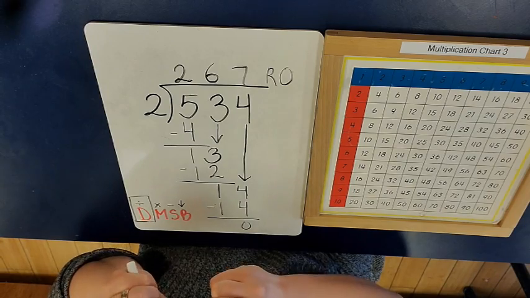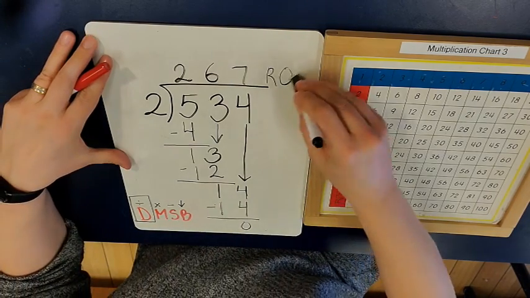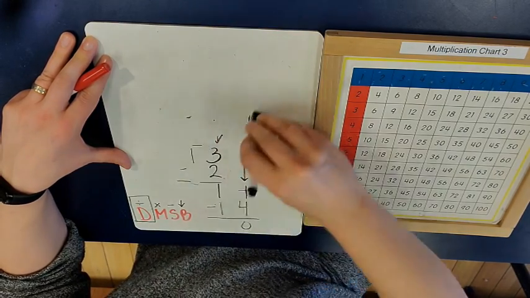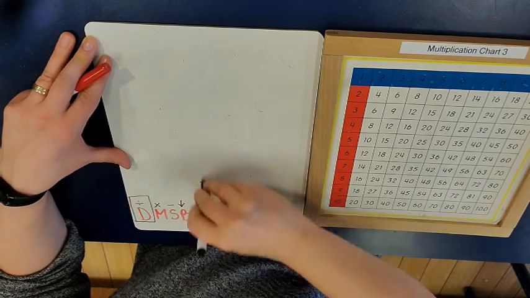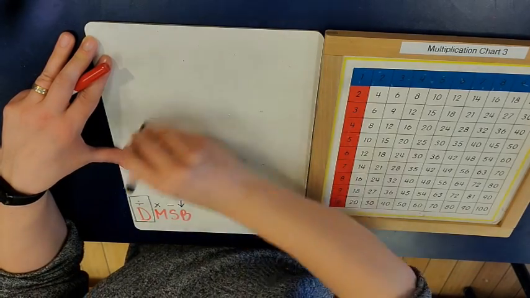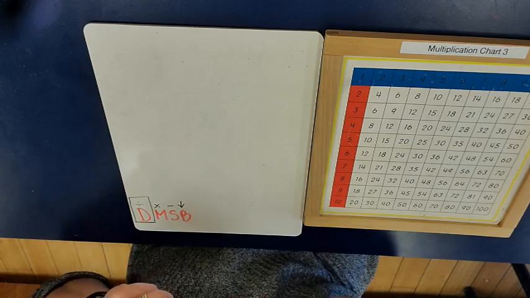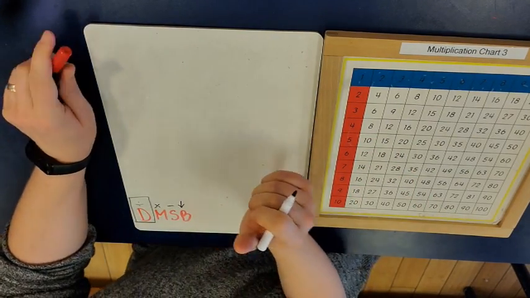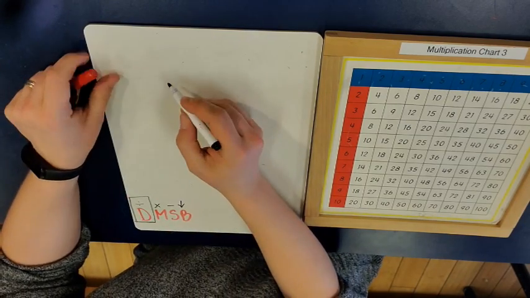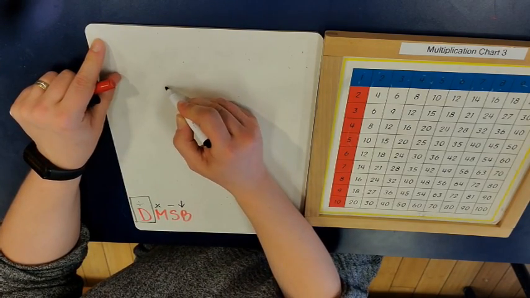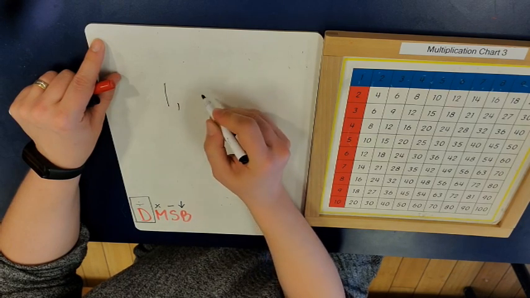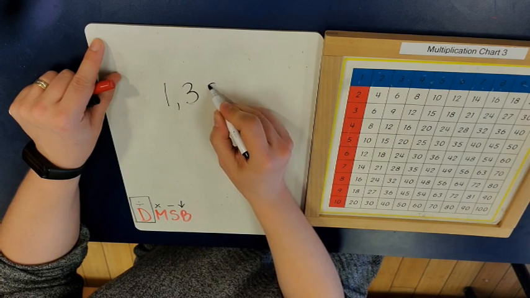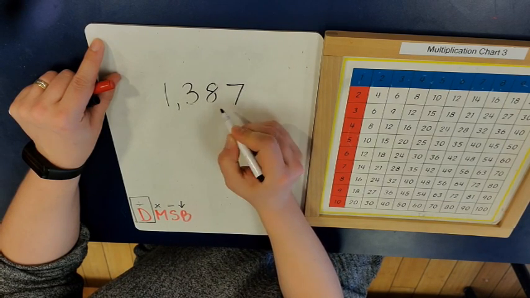Let's do another one quickly. Okay, so the number that we're going to divide this time, the dividend, is 1,387.